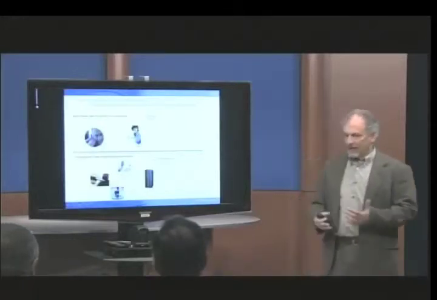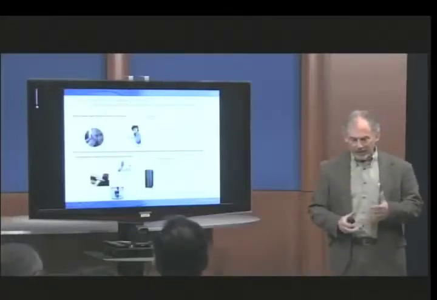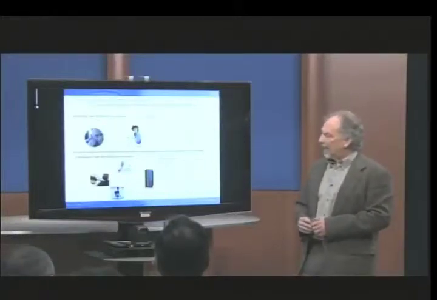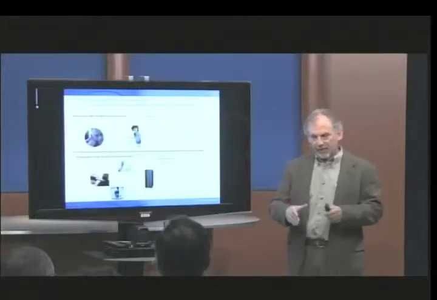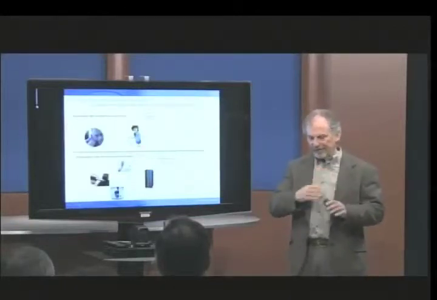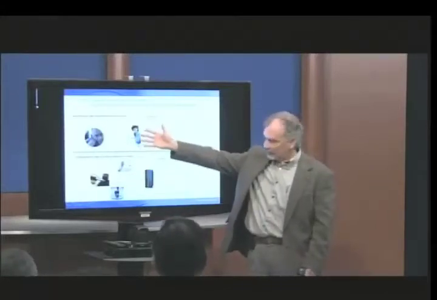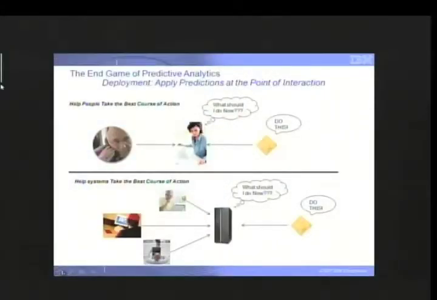So now you've got your predictive model, and you understand what a particular individual may do the next time you interact with them. There are actually a number of different touch points. I've been focusing on individuals and customers. A customer calls up, and the person sitting in the company has this information accessible to them.